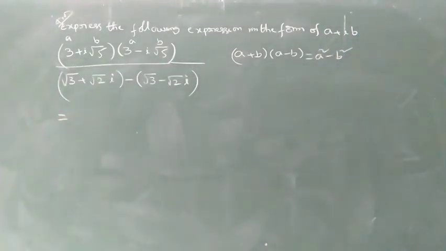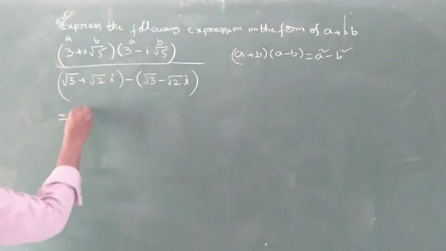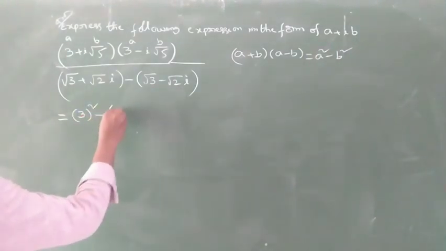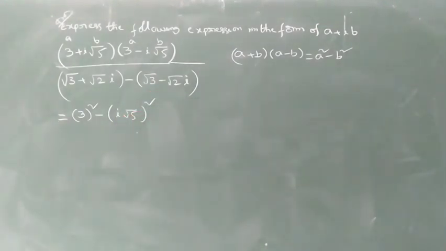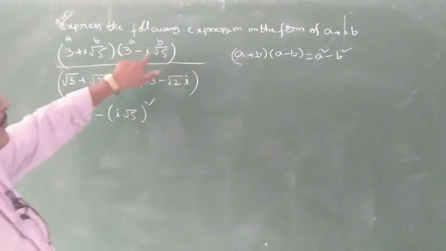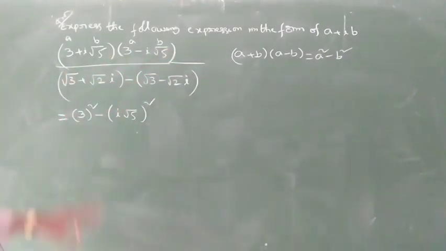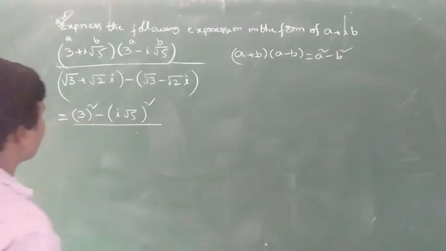So a square is 3 square minus b square, here i root 5 whole square. So a is equal to 3, b is equal to i root 5, not root 5. Okay, i root 5. a square minus b square.